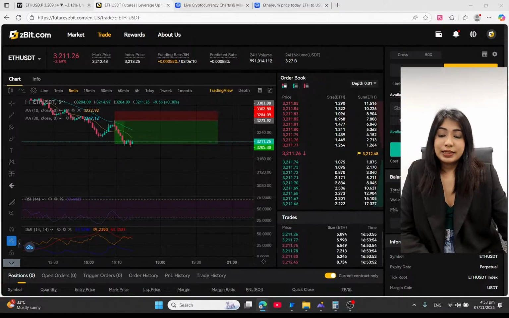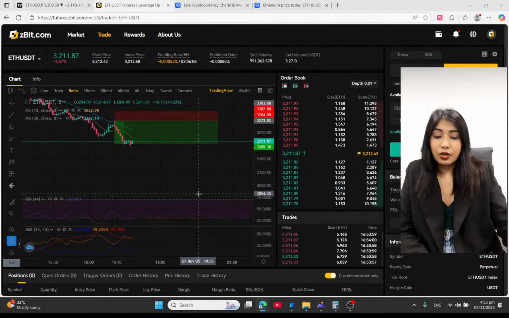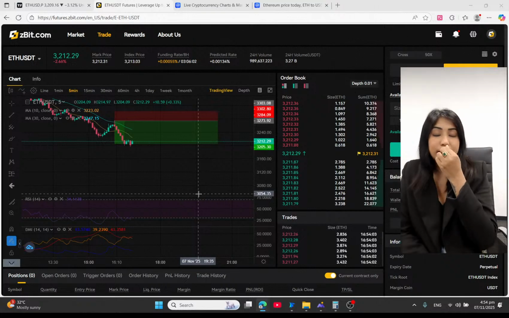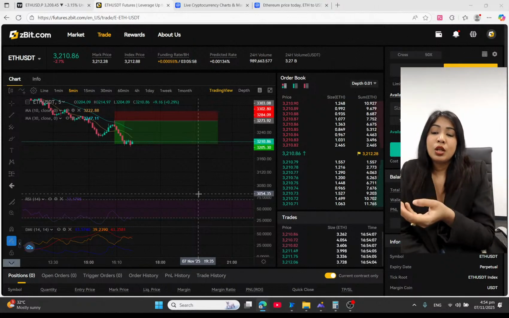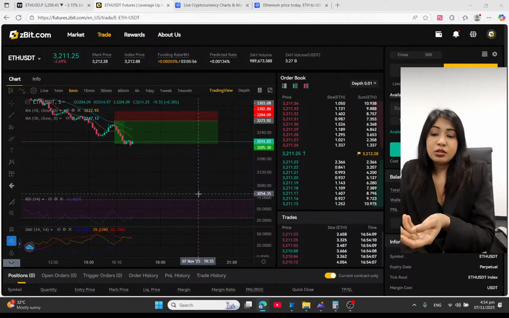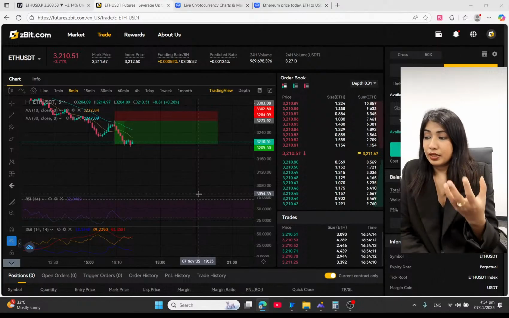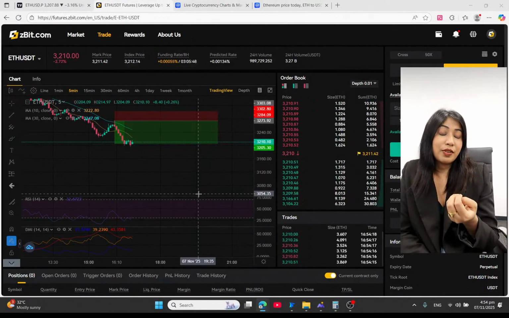To explain it better, currently the price is at 3,211 for Ethereum. You are predicting that the price is going to go down to 3,100.